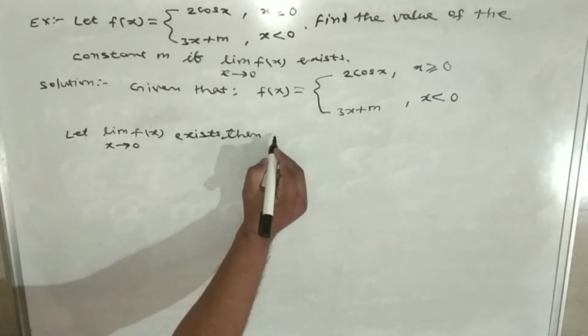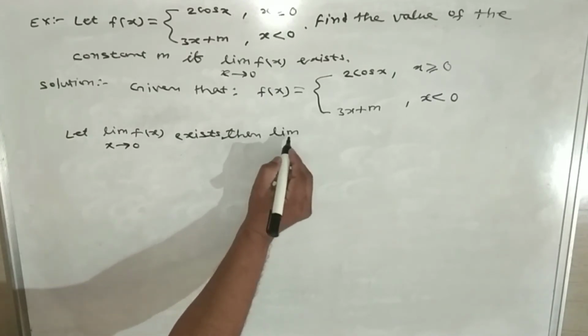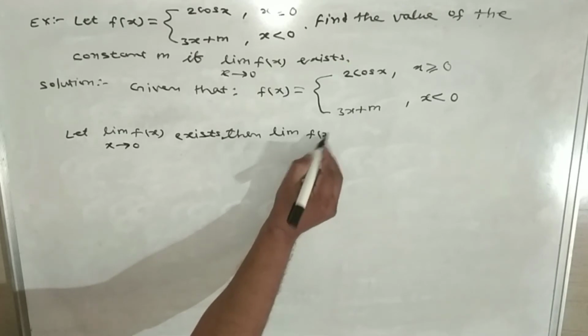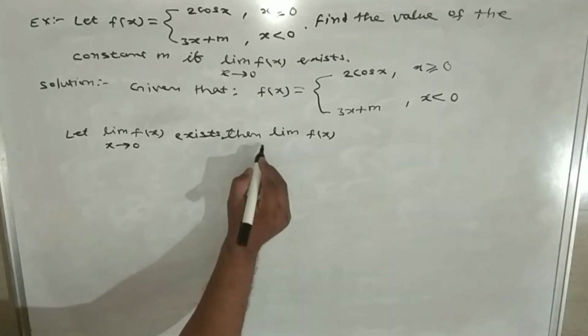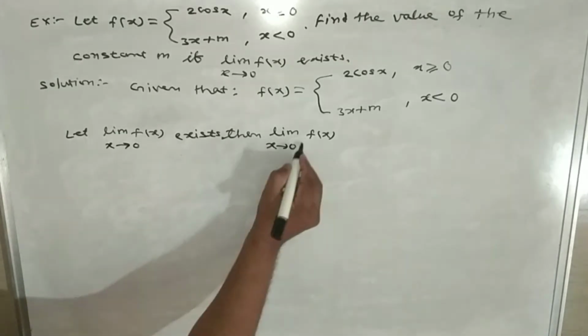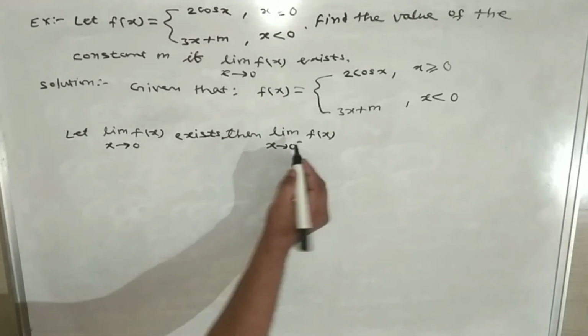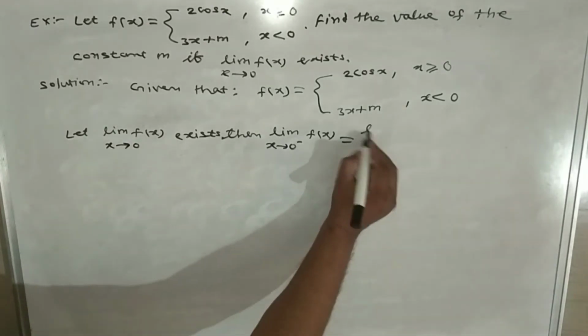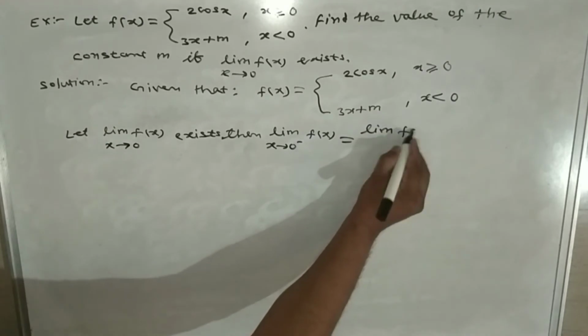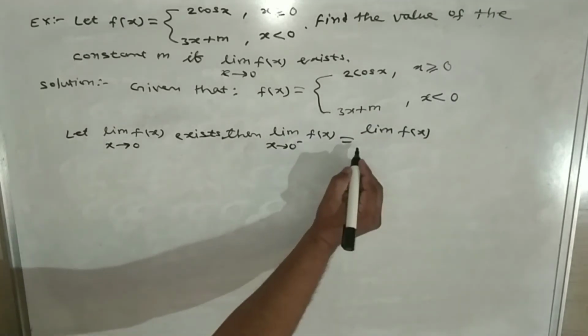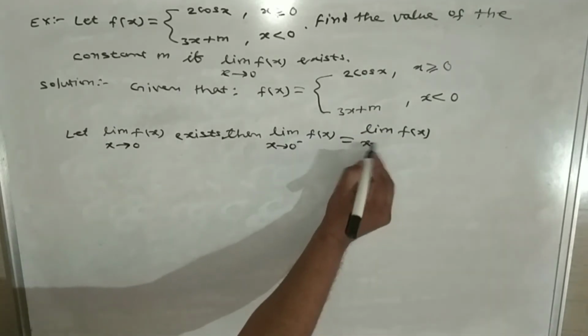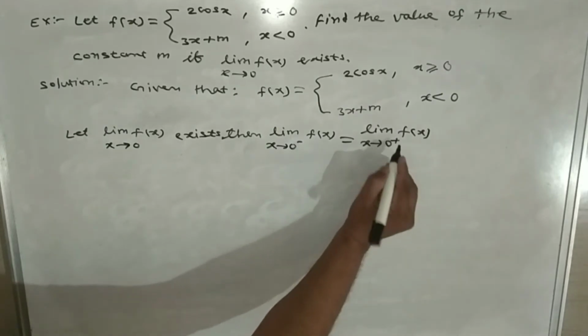Then the right hand limit and left hand limit are equal. So then we have the limit of the function f of x as x tends to 0 minus, that means this is the left hand limit, is equal to the right hand limit of the function f of x as x tends to 0 plus.